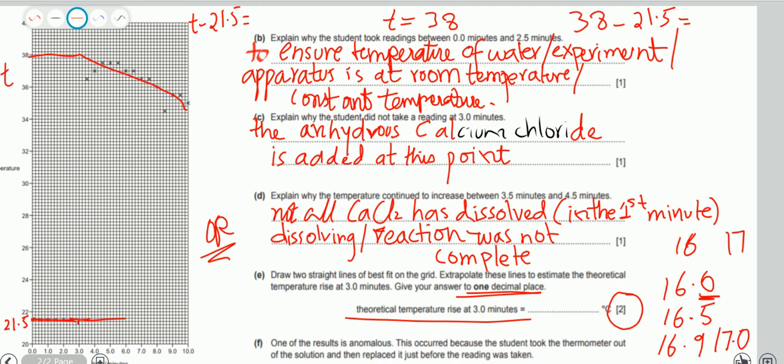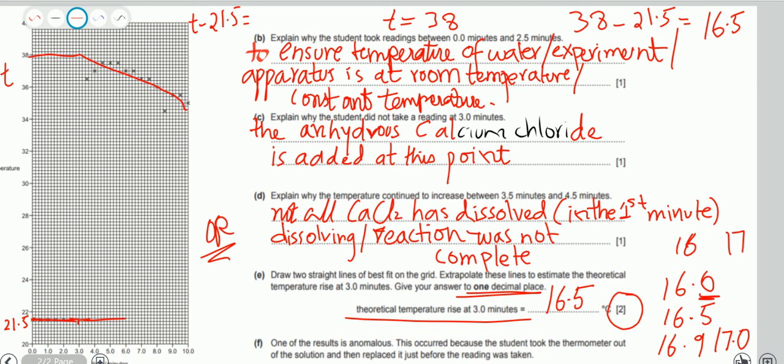Our answer is 16.5. This is not the accurate answer, because obviously my line of best fit isn't exactly the line of best fit. I just drew it roughly. So you're going to write it 16.5 over here, okay?